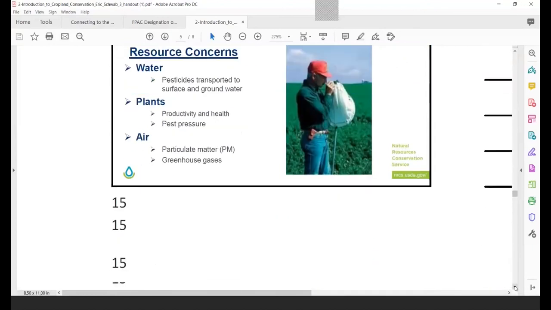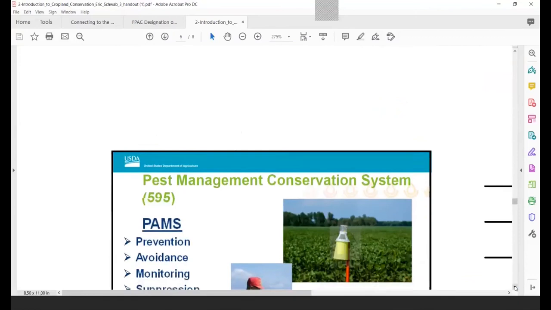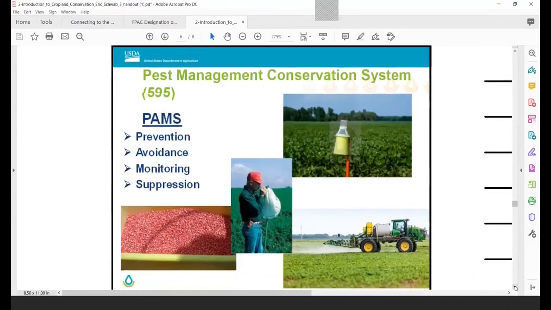The Pest Management Conservation System standard is based on a PAMS approach, and PAMS stands for Prevention, Avoidance, Monitoring, and Suppression of pests.